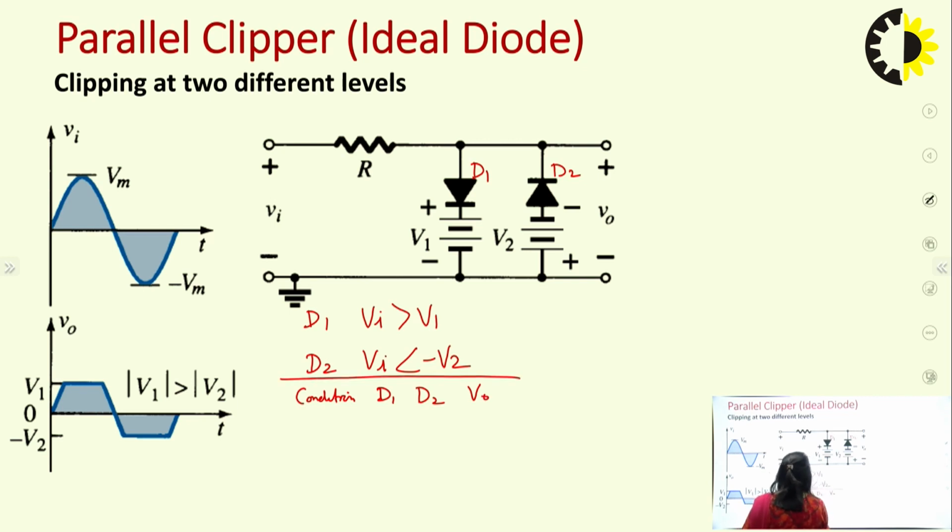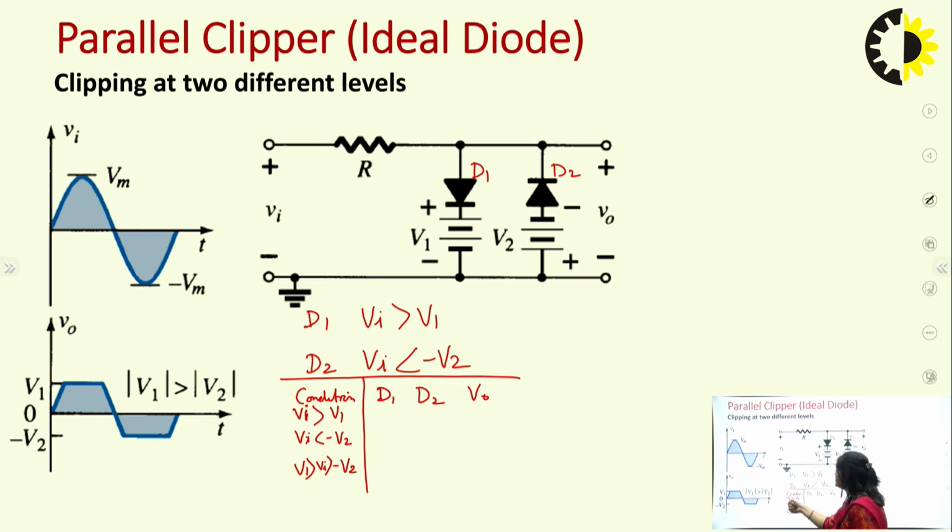Now for the conditions: Vi greater than V1, Vi less than minus V2, and Vi between minus V2 and V1. Okay, so these are the conditions.